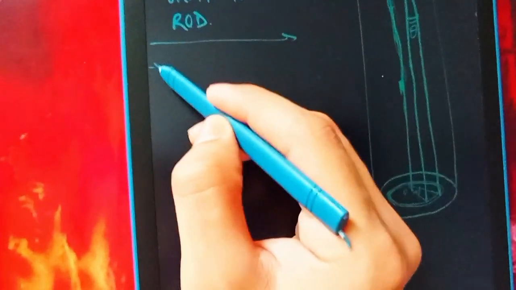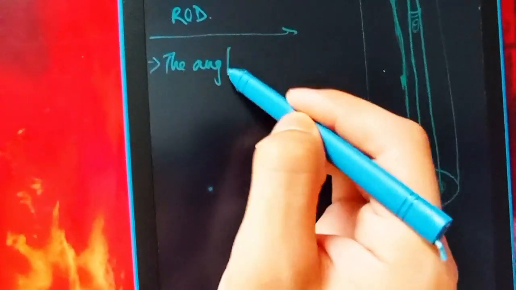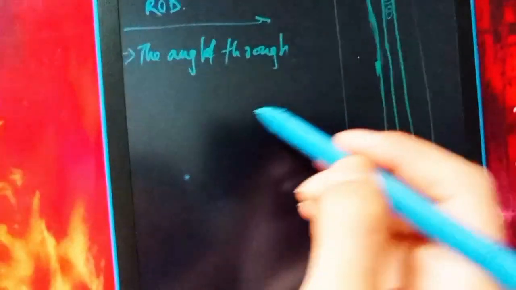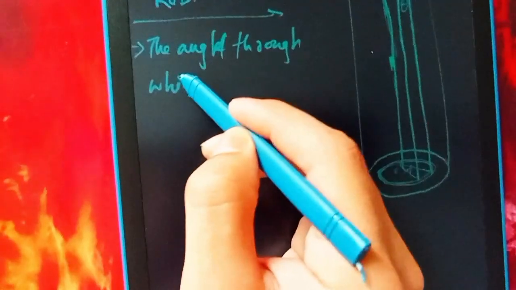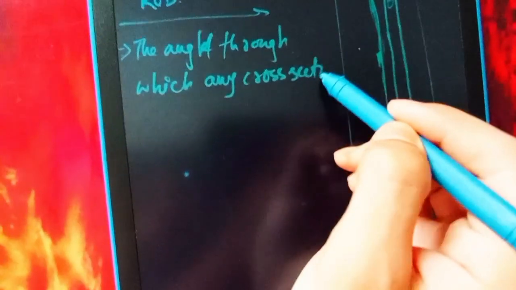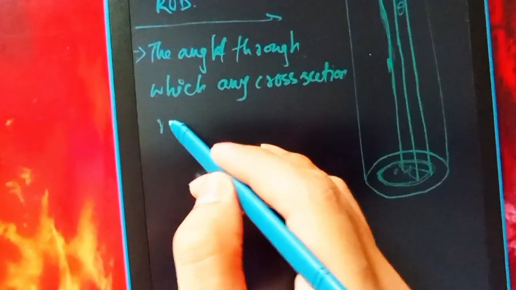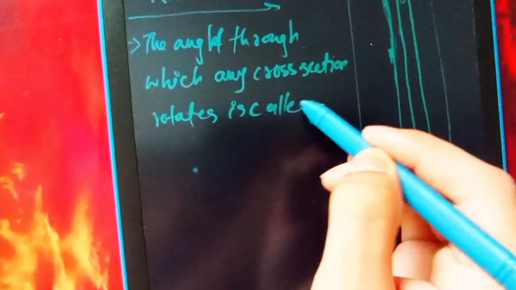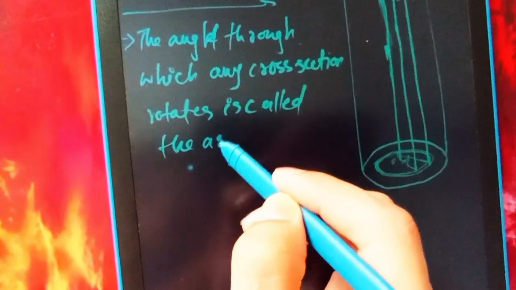The angle through which any cross-section rotates is called the angle of twist.